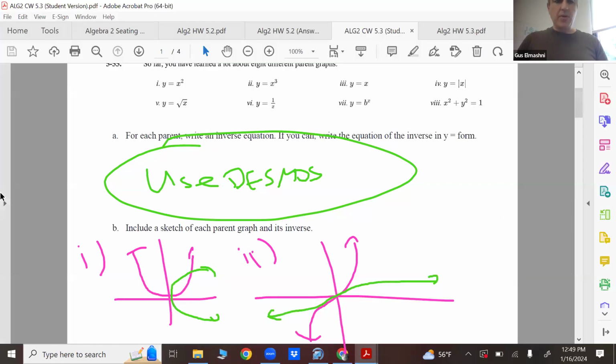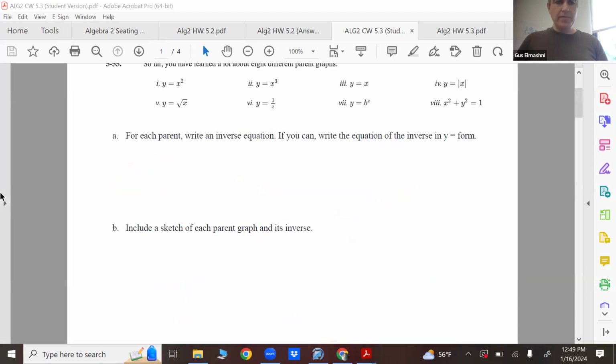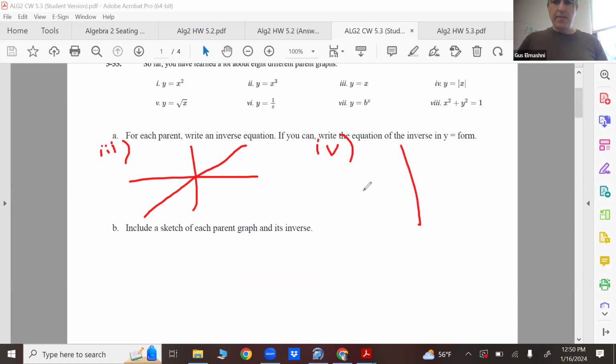Okay, if I do the other two, let's do it now. Y equals x, easy peasy. For 4, you get that. That's also not hard.